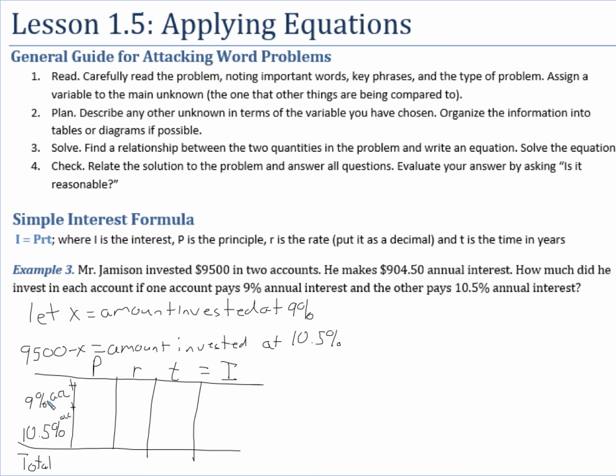So our principal in the 9% account is actually just X. The rate of the 9% account, that should be nice and easy, except make sure you do change it to a percentage. And our time, one thing we have to pick out here is that it says annual interest. Annual means yearly, so our time is 1 year. And we know interest is principal times rate times time, so multiply these together. We'll put them in a better order here, but we get 0.09x as our interest earned.